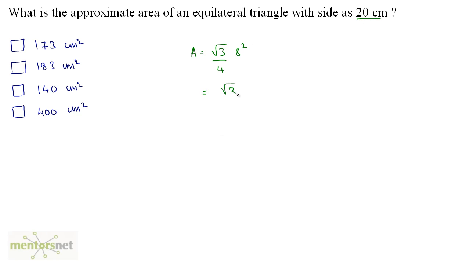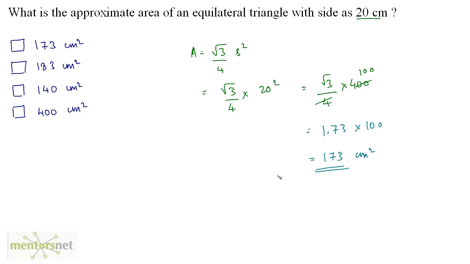So we have root 3 by 4 times 20 square, that's root 3 by 4 times 400. So 4 times 100 is 400. Now what is the approximate value of root 3? Well, you should remember it is 1.73. So this becomes 1.73 times 100. So this is equals to 173 centimeter square. So this is the approximate value, option A.